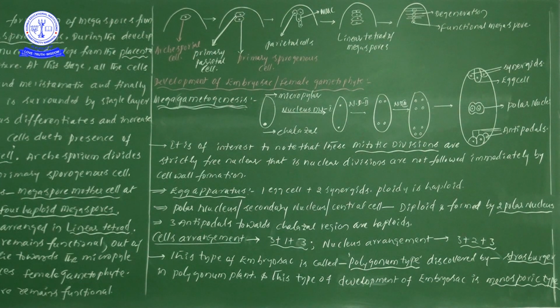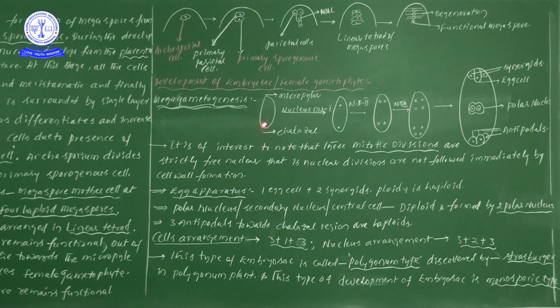So the nucleus divides, but cell wall formation does not take place. That process we call free nuclear division.